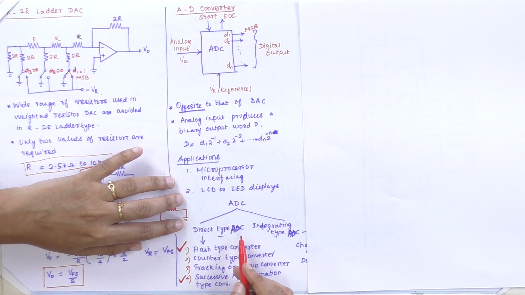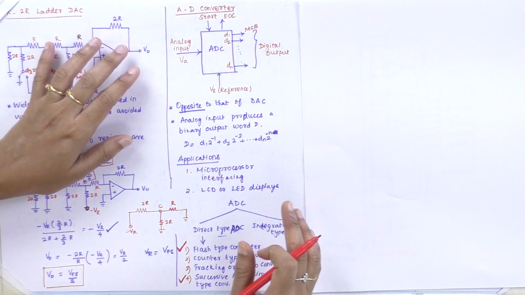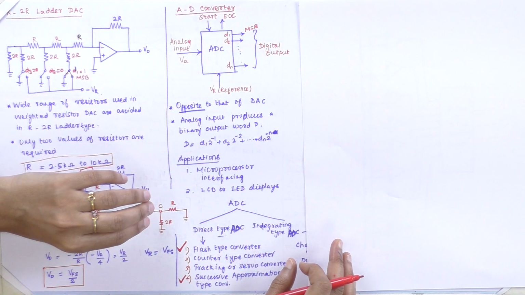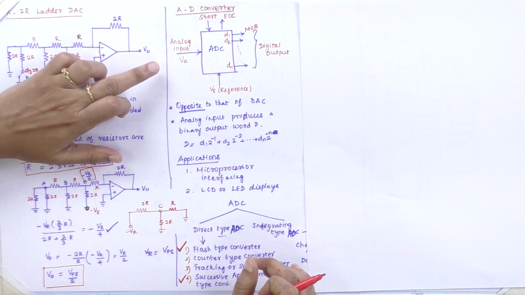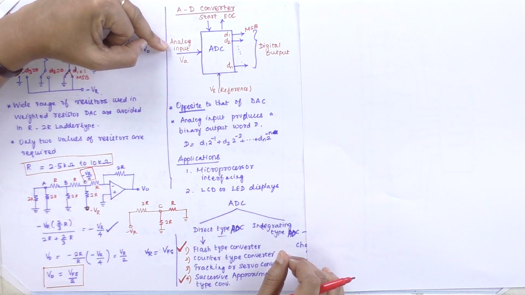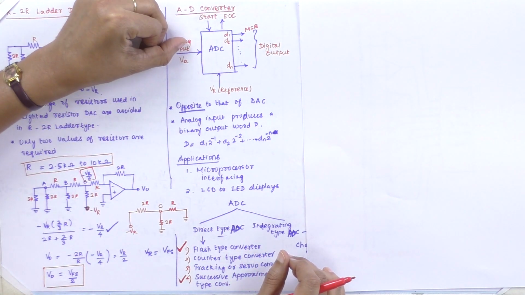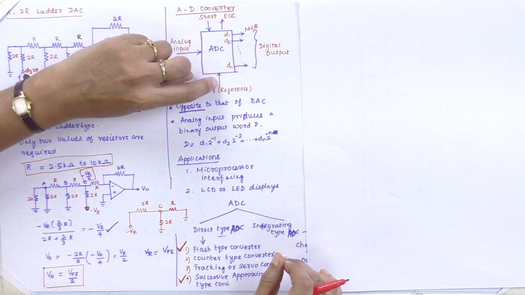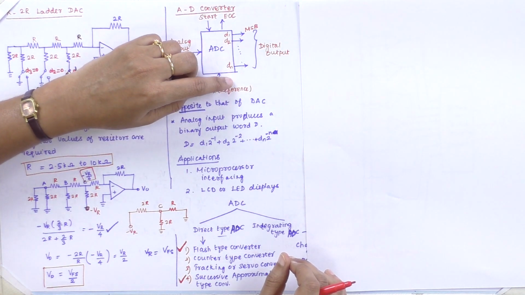When we talk about the direct type ADC, we work with the input voltage, that is your analog signal, and there will be an inbuilt reference voltage signal. Whereas in the integrating type ADC, we have an analog signal as an input that is converted into a linear signal and then into a digital output.